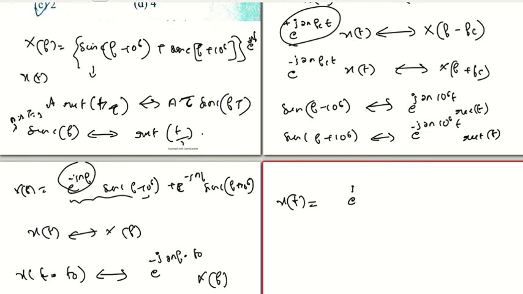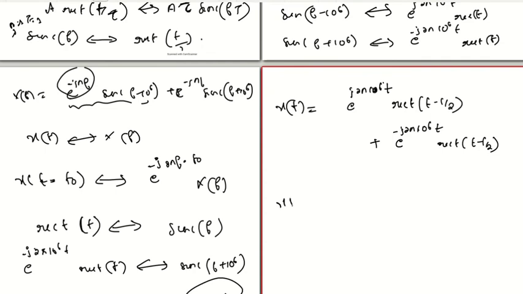E raised to j into 2 pi 10 raised to 6 t into rectangle t minus 1 by 2 plus e raised to minus j into 2 pi 10 raised to 6 t into rectangle t minus 1 by 2. And now we will simplify it. We will take rectangle t minus 1 by 2 outside, e raised to j into 2 pi 10 raised to 6 t plus e raised to minus j into 2 pi 10 raised to 6 t.